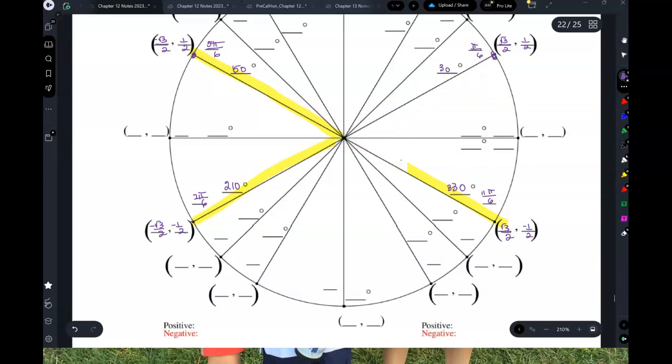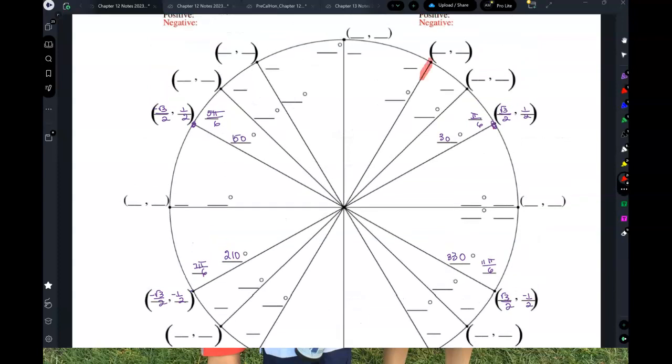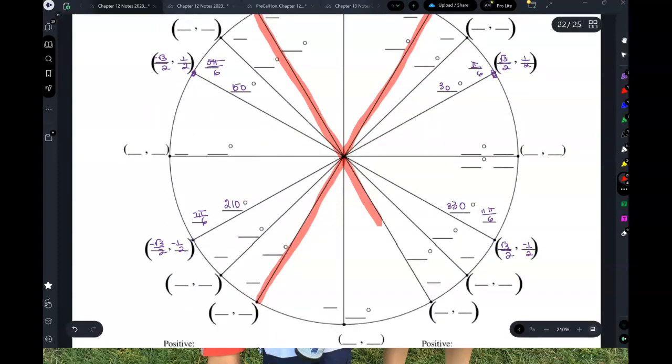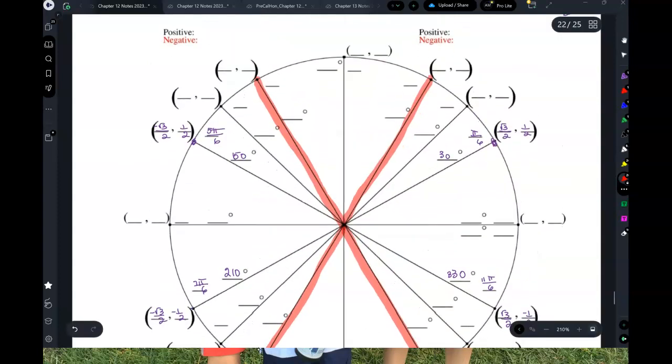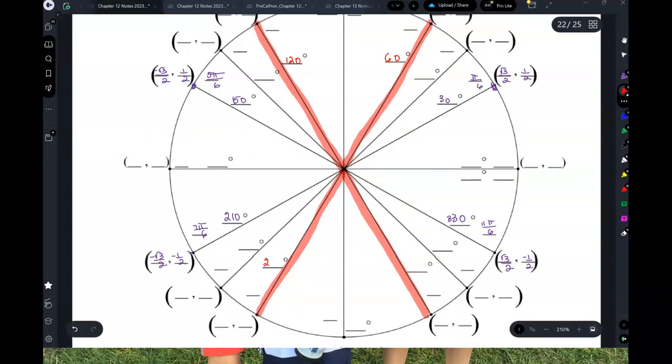All right, so let's do some more. Why don't we take a look at the 60s now? The 60s have the same side length, so I want to do these first. So in degrees, this is 60, 120, 240, 300.